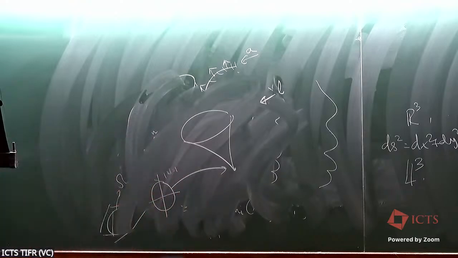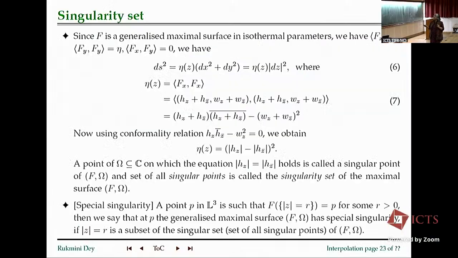Any questions? Is this example clear? So then there are non-examples, of course. So what is the singularity set? As we said, the singularity set is where mod h_z minus mod h_z bar is 0. And a special singularity is when mod z equals r goes to a point, right?